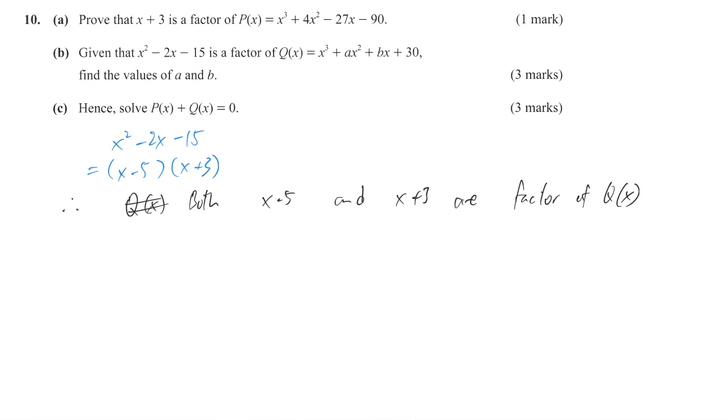You have to write this to get the mark. It's not necessary for you to write this to get the mark, but this just lets you understand what's happening. Otherwise, I'm not sure whether you understand. So after that, therefore, it's just simply saying q(5) is equal to 0 and q(negative 3) is equal to 0.